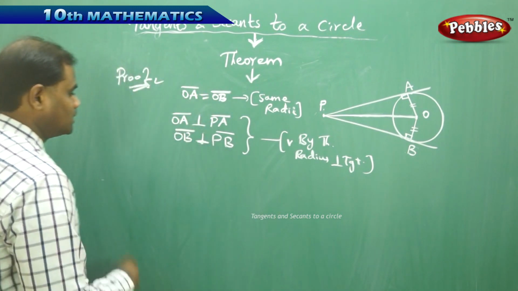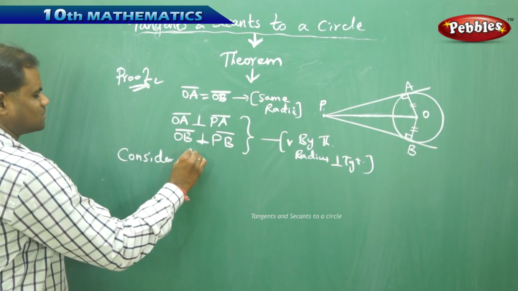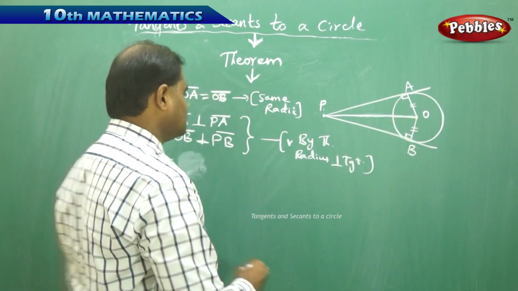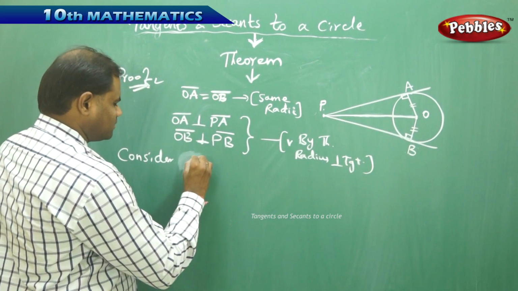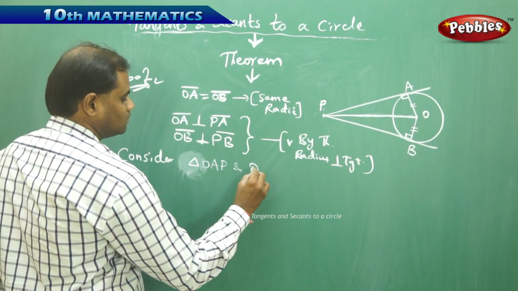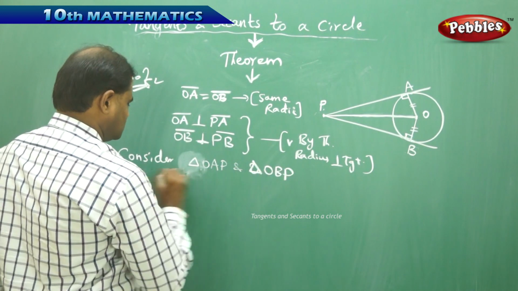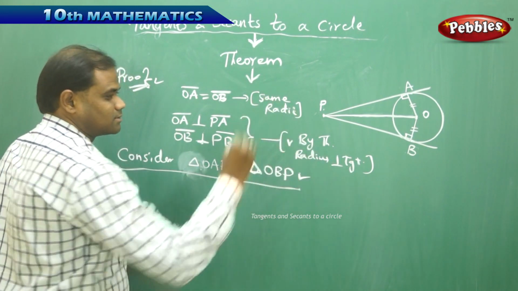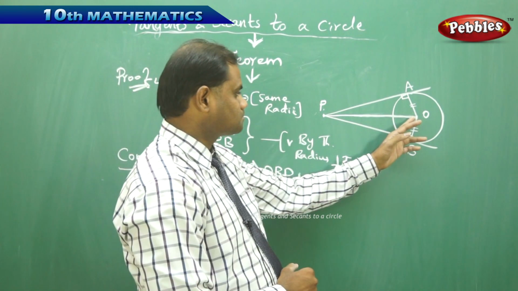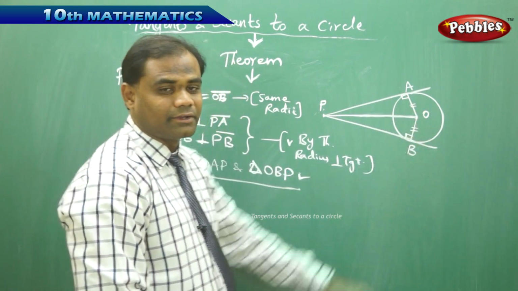So therefore, consider the two triangles. The first triangle here is OAP. Consider triangle OAP and triangle OBP, the two triangles which I consider. Now, as I clearly observe, the right angle here is PAO, which is 90 degrees.